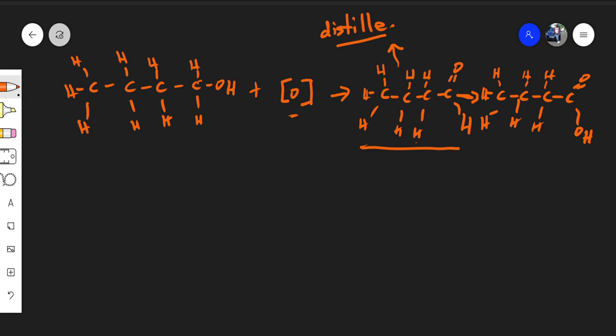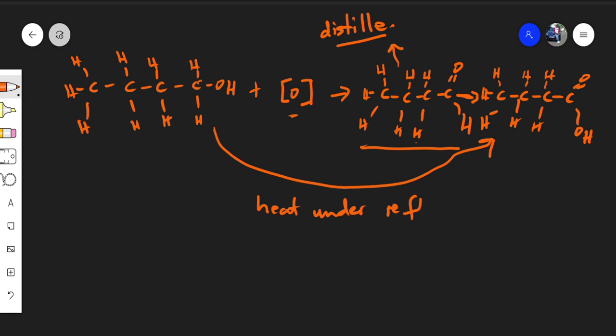And if you want to change this to the carboxylic acid, what you actually do is that you heat under reflux. So that's it. Time is up, so let's talk further about this.